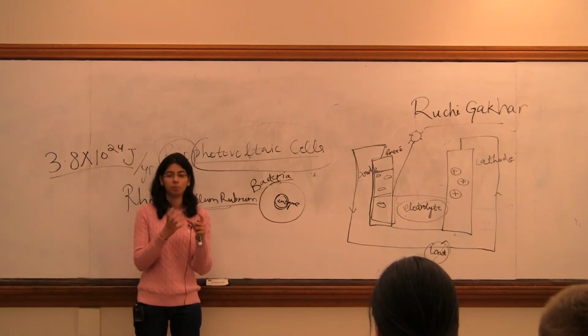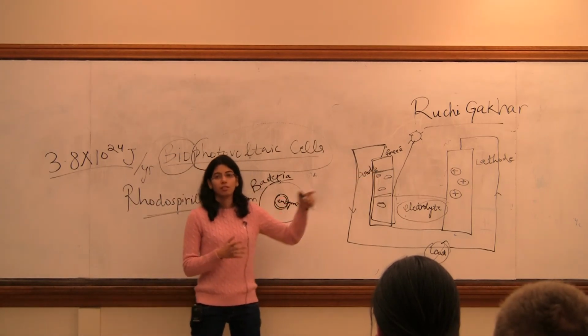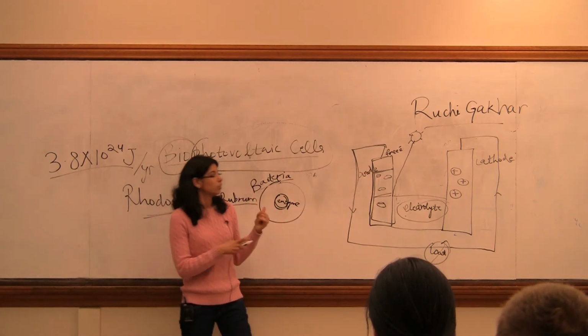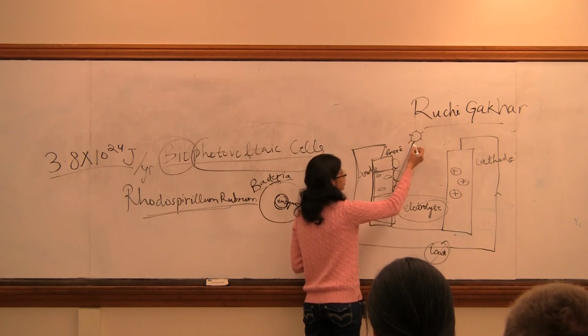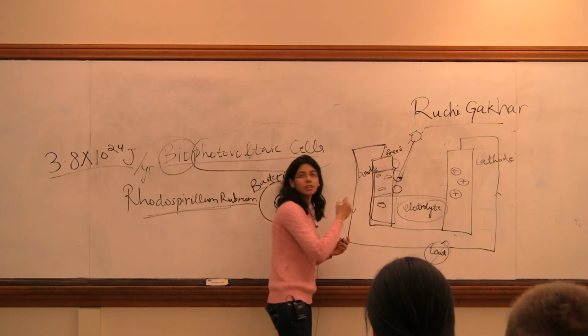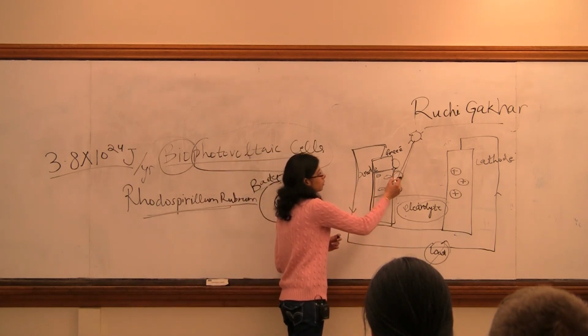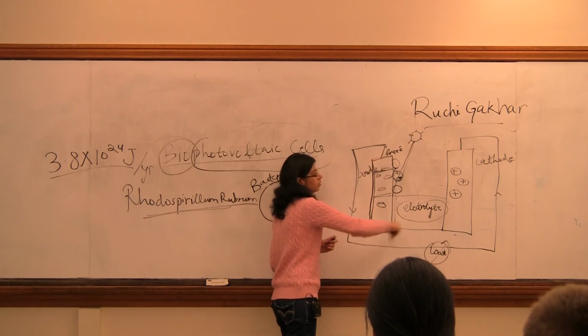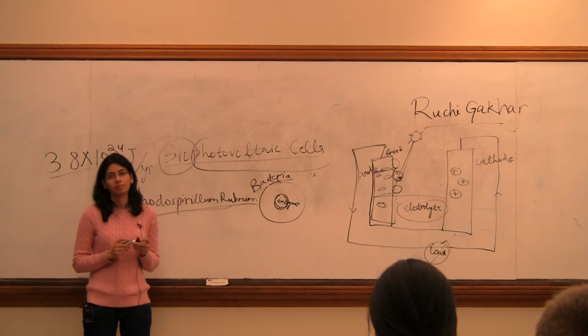The polymer itself is insulating, that's why we need this. The bacteria are being used as the electron source. The light will fall on these first, and then they will do some conversion and transfer the electron to the anode, and then it goes into the circuit. That's how it will work.